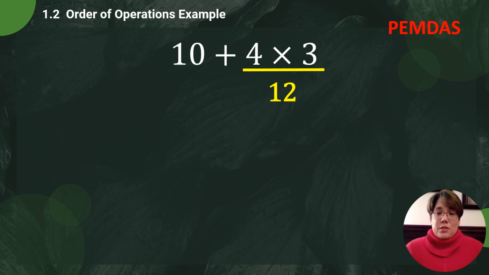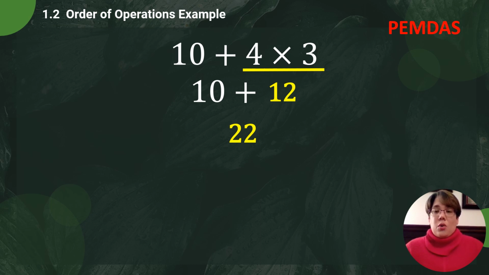Now what I'm going to do is I'm going to bring down the 10 and the plus. So I'm going to write those exactly like they were. Then I'm going to now have this next part of my problem, which is 10 plus 12, and that is 22.